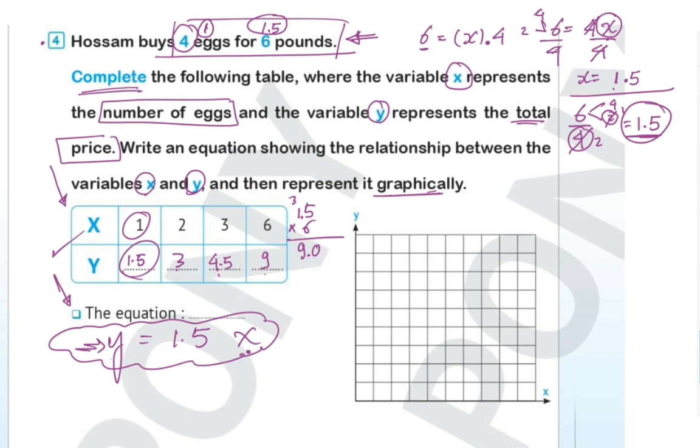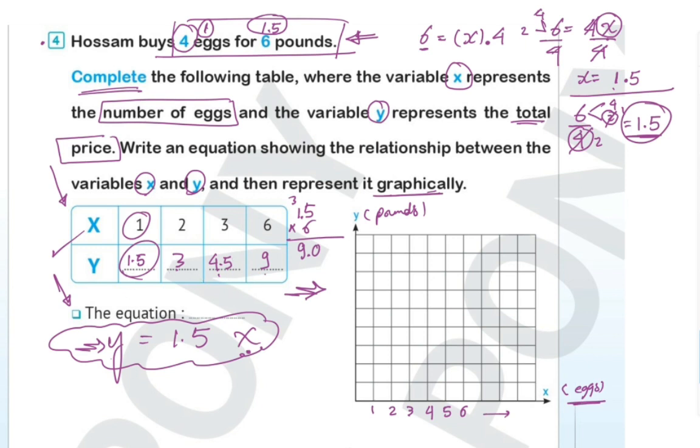Now last thing, I will graph this relationship between x and y. Don't forget that x is the number of what? Eggs. And y is pounds. Okay, now for eggs I will use this table. I have 1, 2, 3, 6. 1, 2, 3, 4, 5, x, and so on. Okay, for y, 1.5, 3, 4.5, 9.